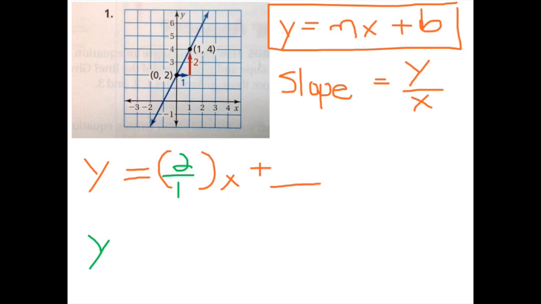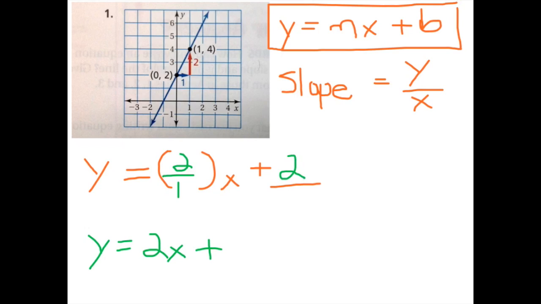So y equals 2x, and we will say plus b, where b is where this line crosses the y-axis. You can count up from the origin, and that is 1, 2 on the y-axis, I should say. So that means b will be 2.